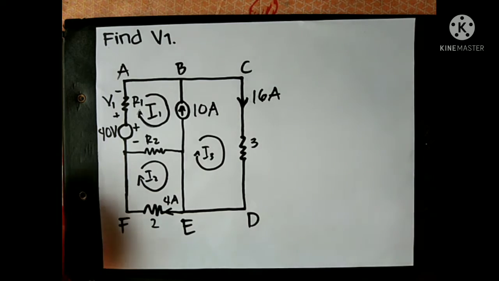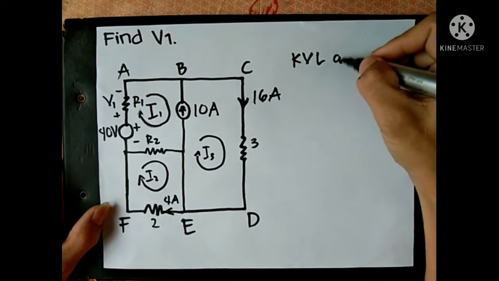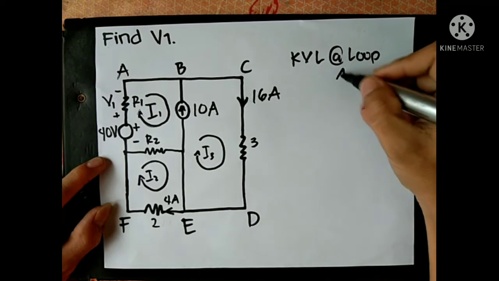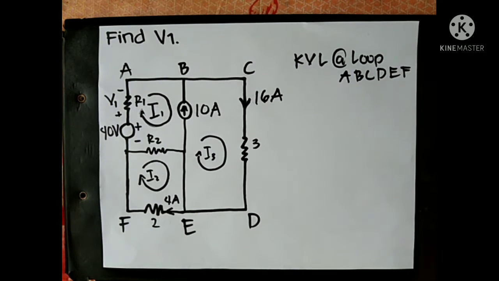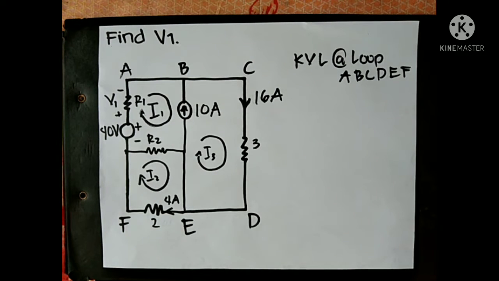we can use KVL at loop A, B, C, D, E, F. We have already been given the 40 volts, which is the source.